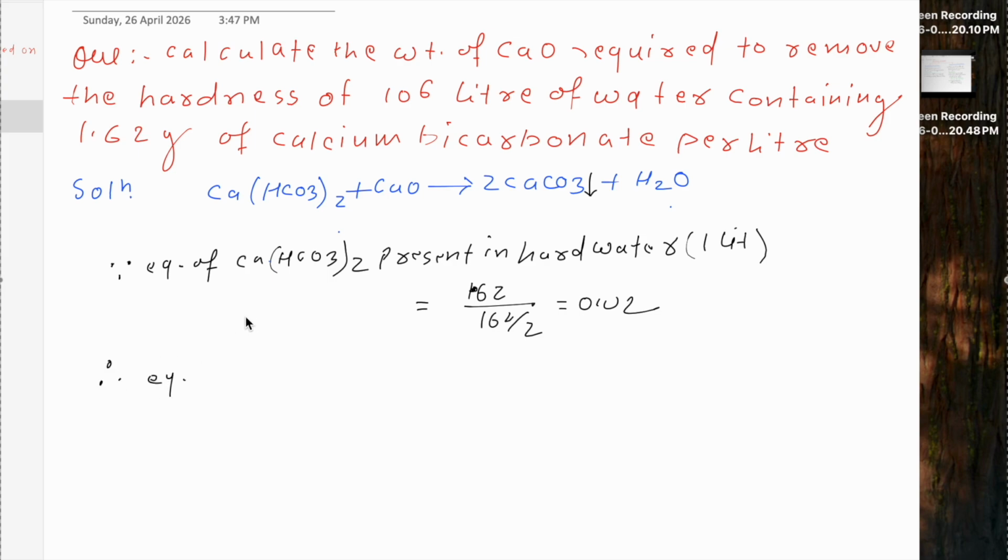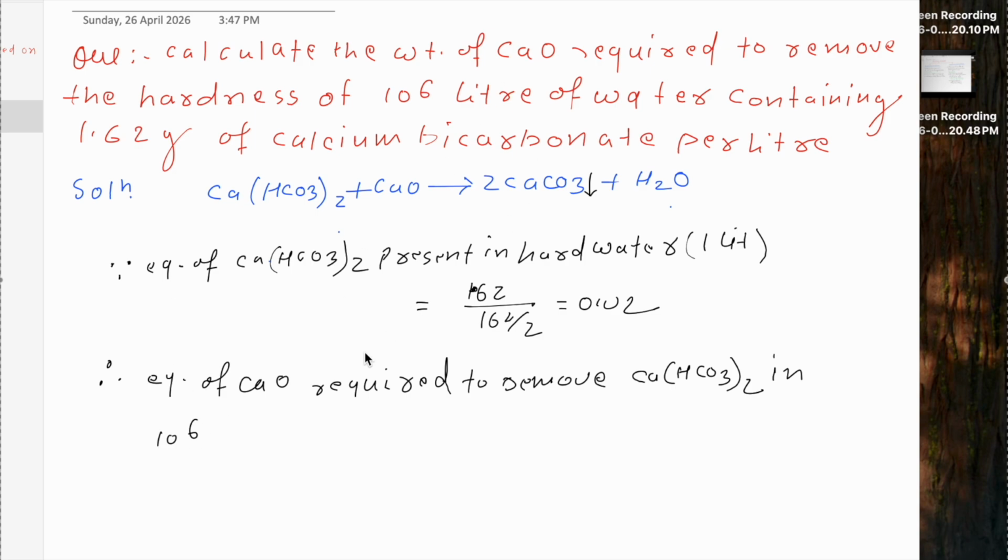The equivalent of CaO required to remove Ca(HCO3)2 in 10 to the power 6 liter, as given in the question, is the same, 0.02 in 1 liter.